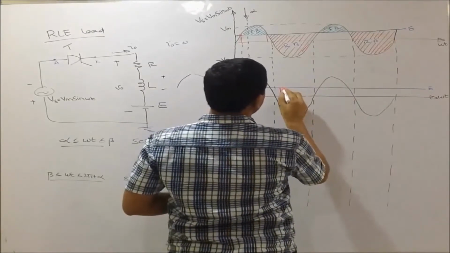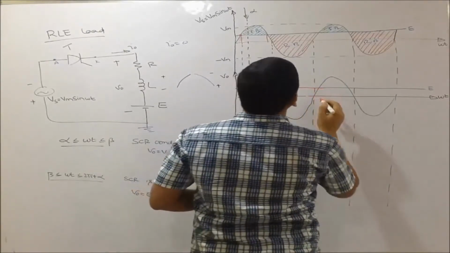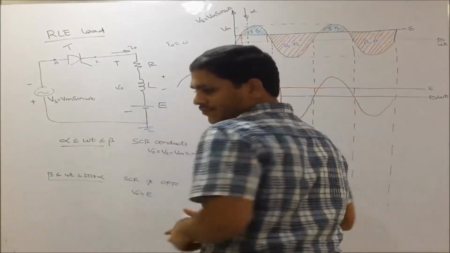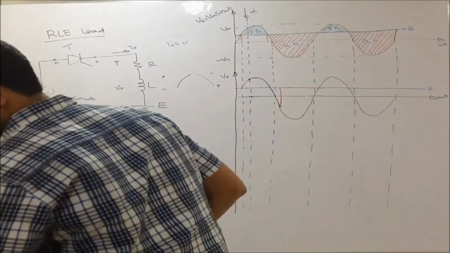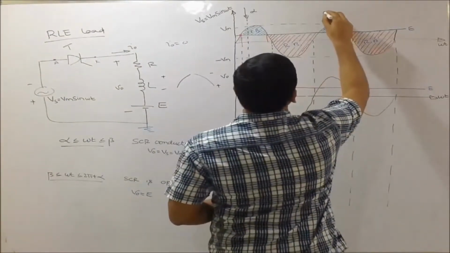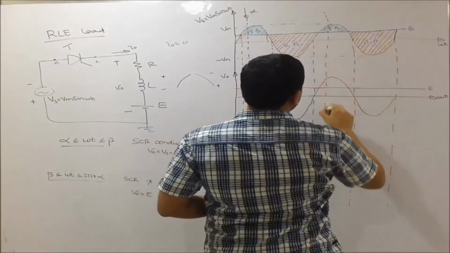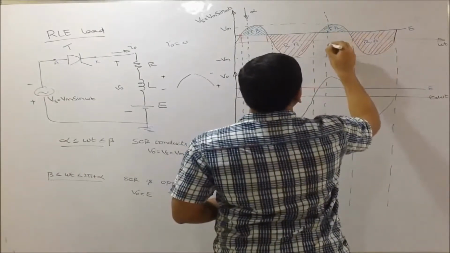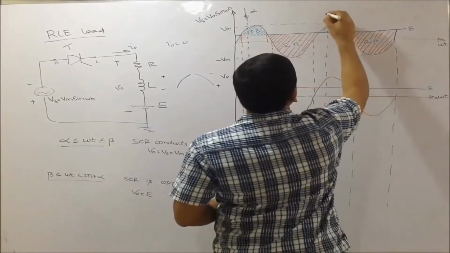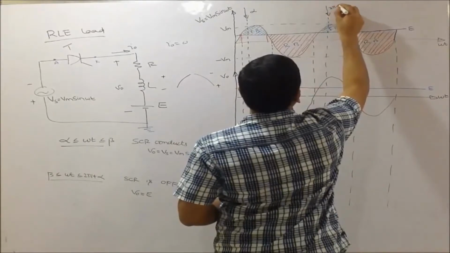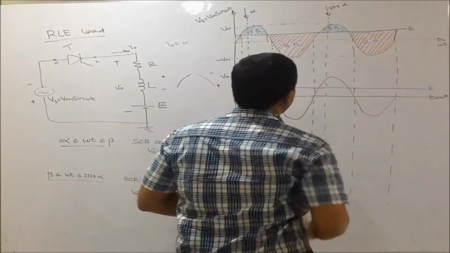From this point, alpha. Assume that alpha is somewhere here. This is 2 pi plus alpha, meaning in this second cycle.